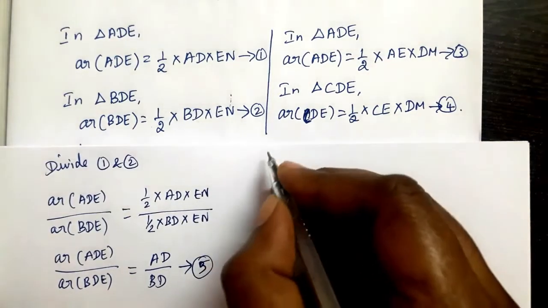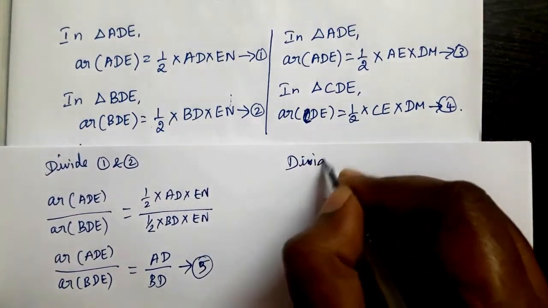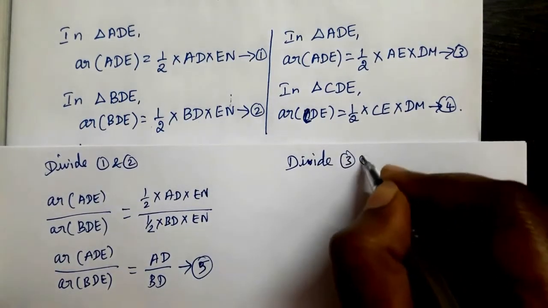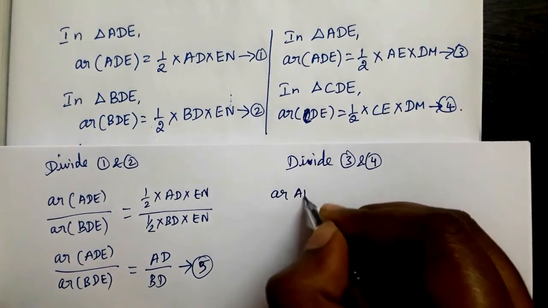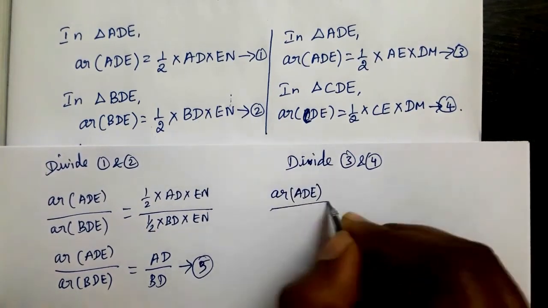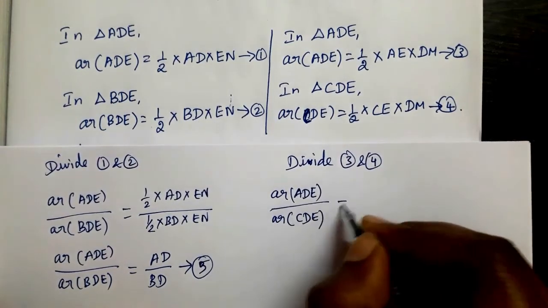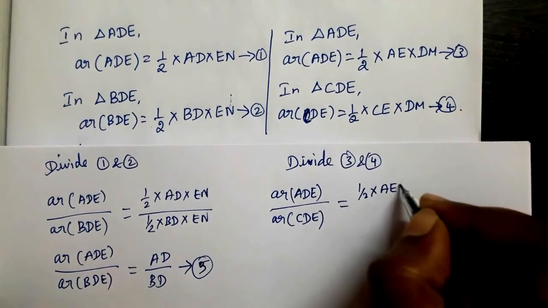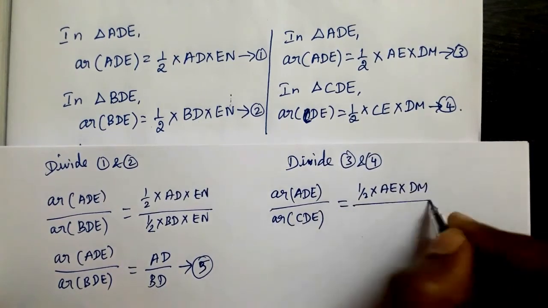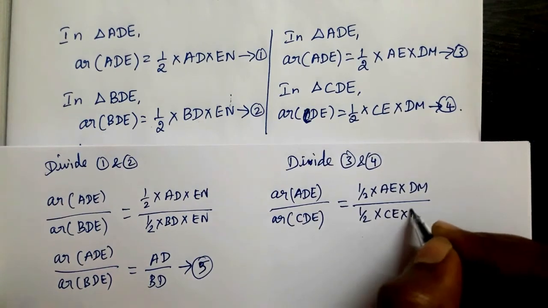Now divide 3 and 4. Area of ADE divided by area of CDE equals, on the right-hand side, half into AE into DM divided by half into CE into DM.